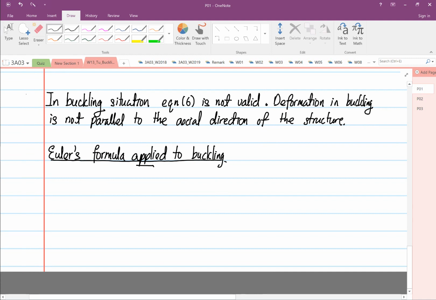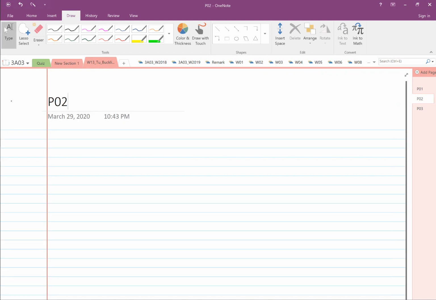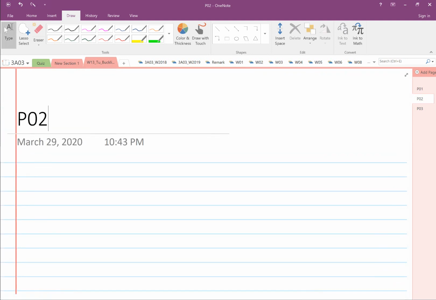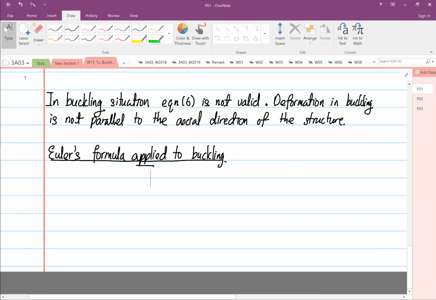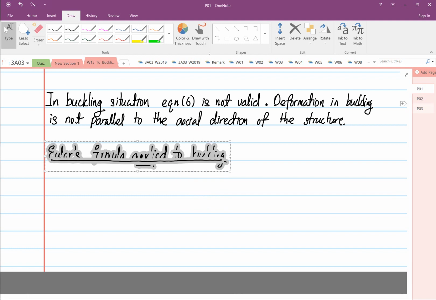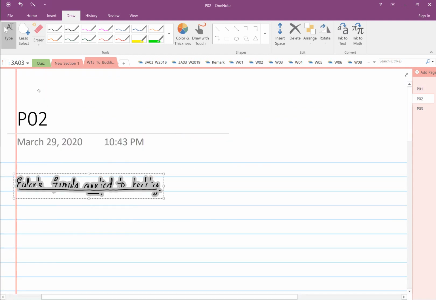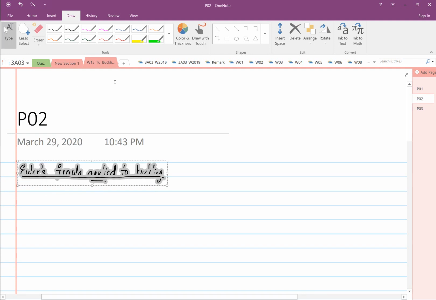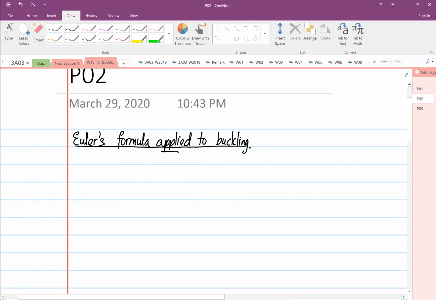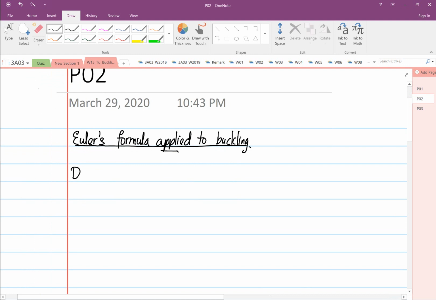So let's consider the deformation pattern for buckling, and we have to apply Euler's. Okay, deformation pattern during buckling.